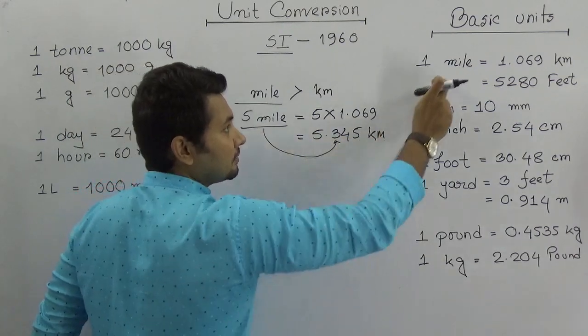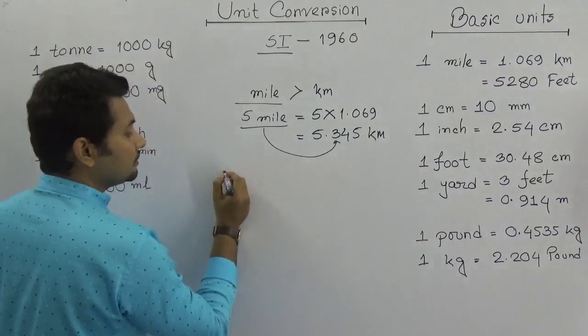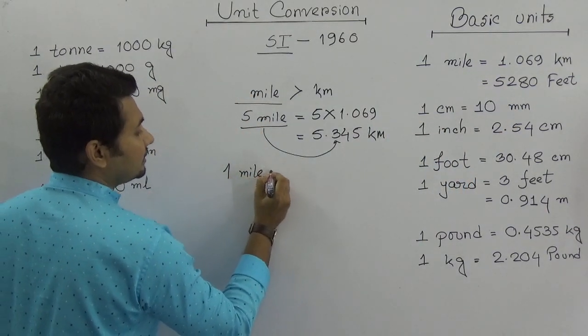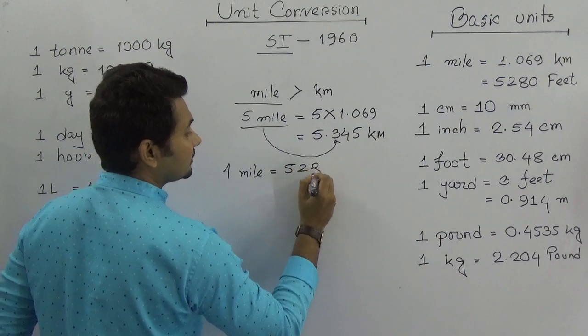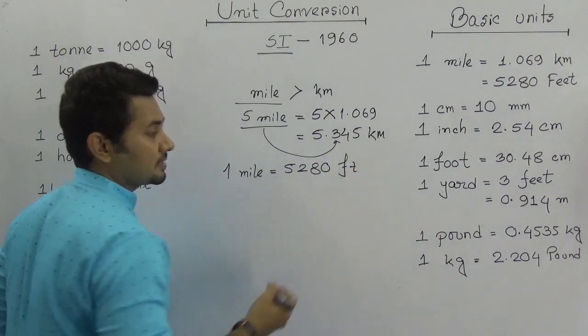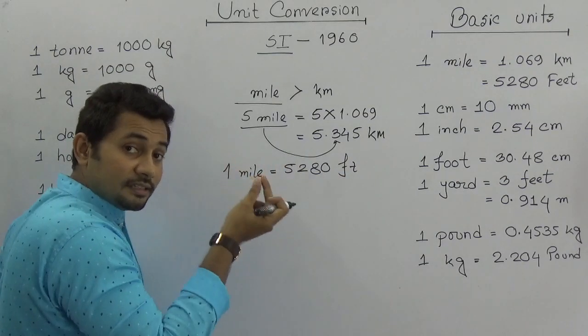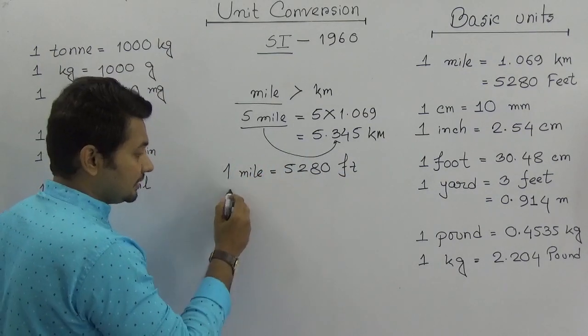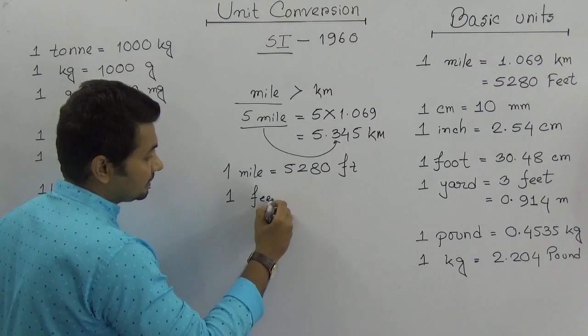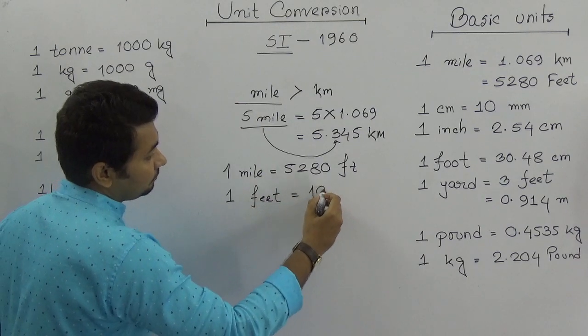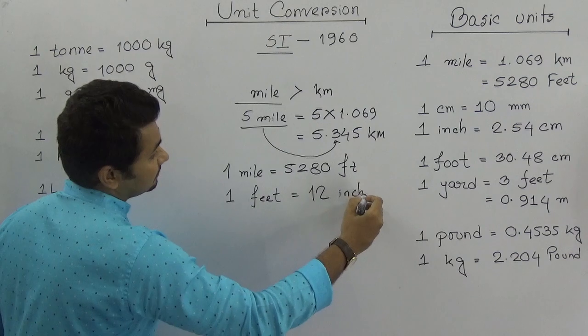Also, 1 mile is equal to 5,280 feet. You also need to know that feet is another unit, and 1 foot is 12 inches.